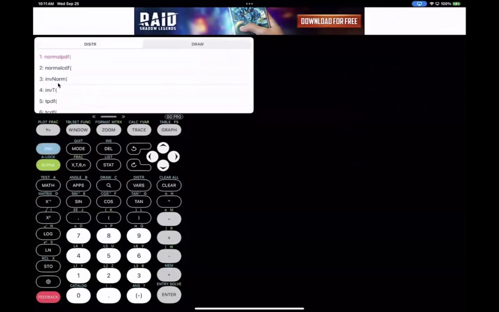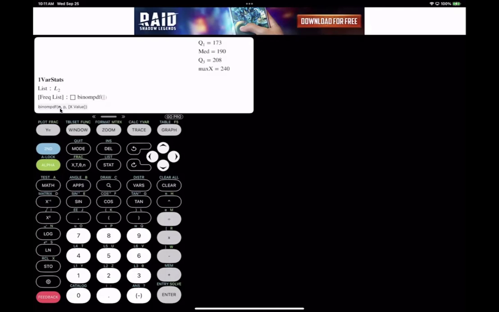And then here you need to find binomial PDF. So I'm going to go further down and I'm finding binomial PDF. In binomial PDF, we need to enter the information, as you can see, as n, comma p, comma x.